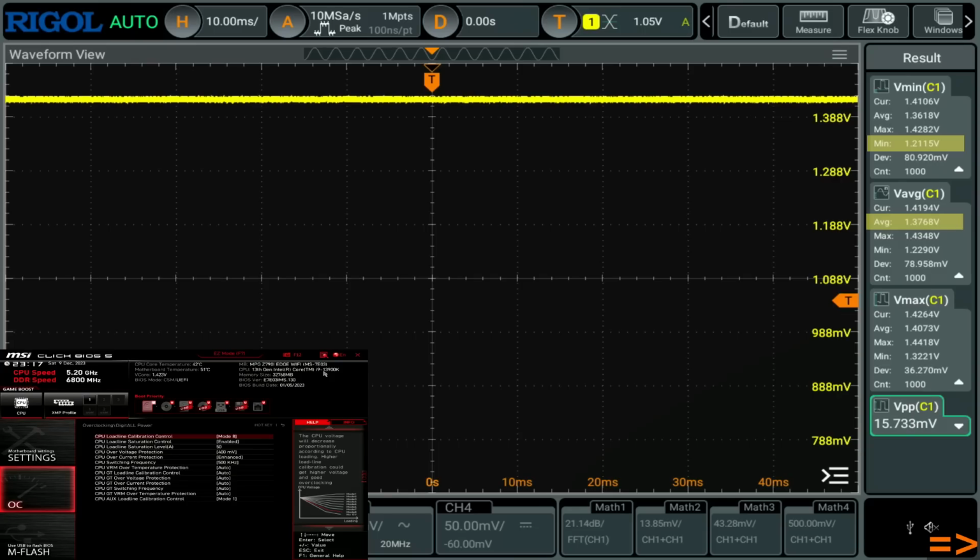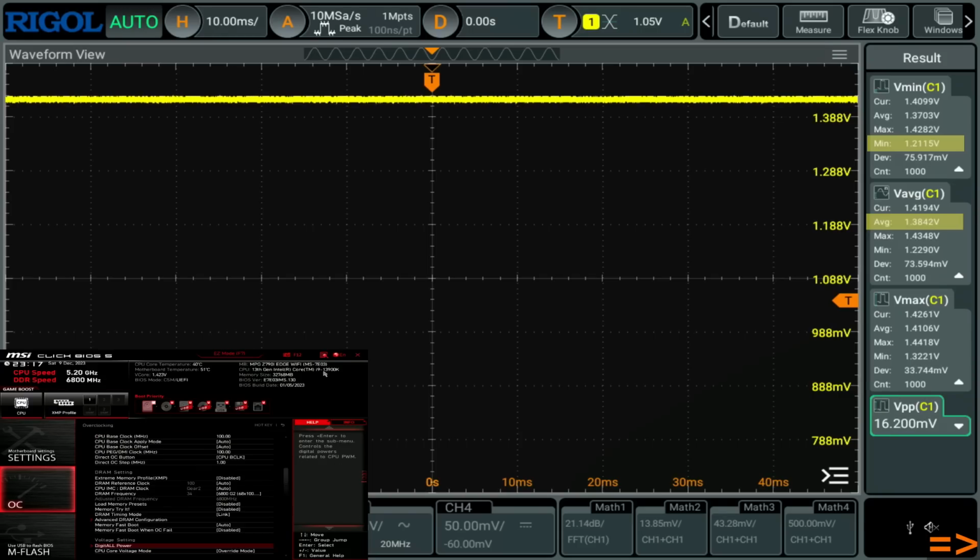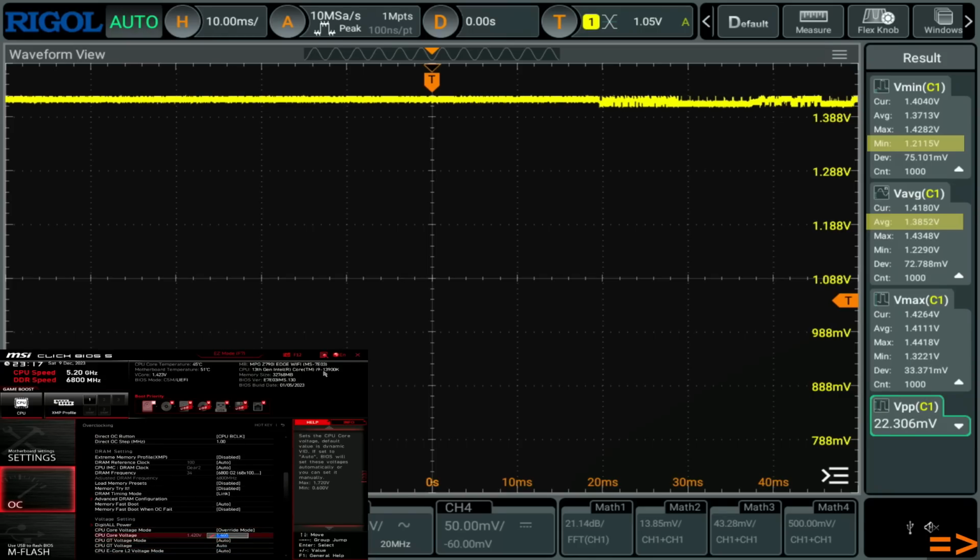So if I enable a 50 amp load line saturation, then logically we should have to reduce the idle voltage by about 50 millivolts. I'm going to be a little on the safe side, because basically what this does is it moves the starting point of the load line.